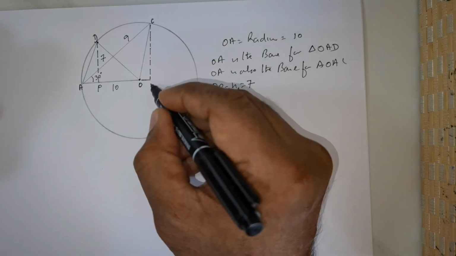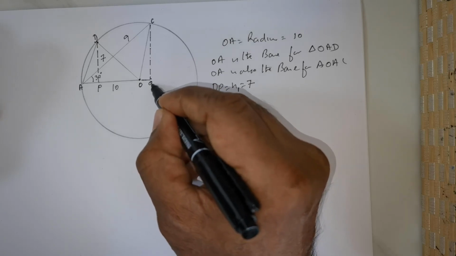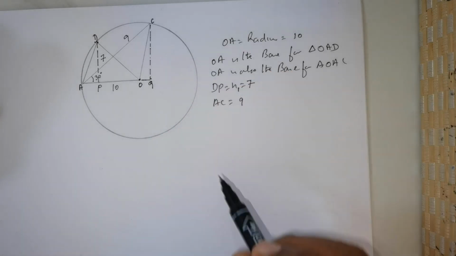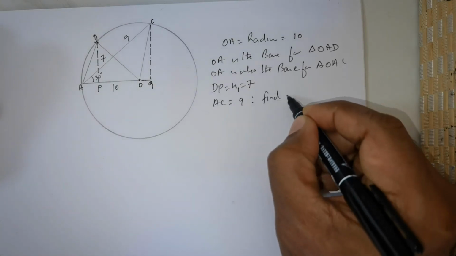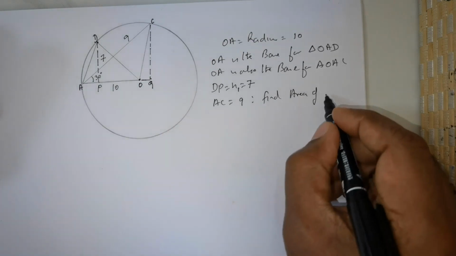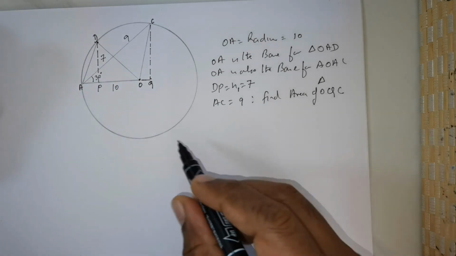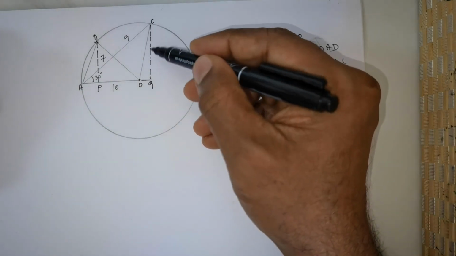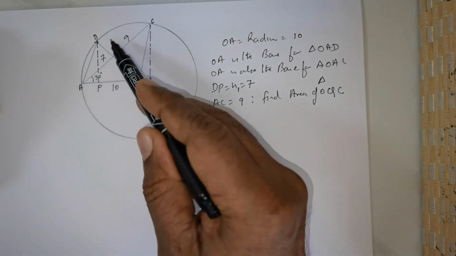Now if I were to take this point as say some Q, we are expected to find the area of triangle OQC. So this region, this area is required. Now as I mentioned to you, this is the figure given.